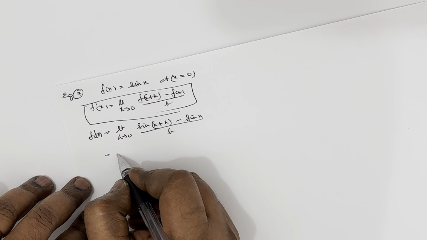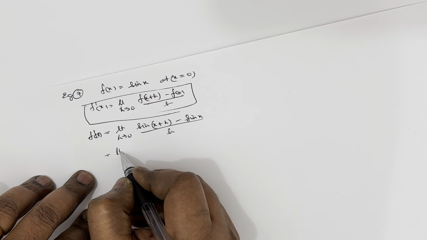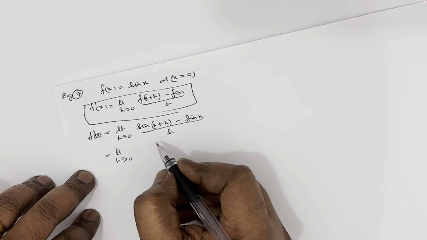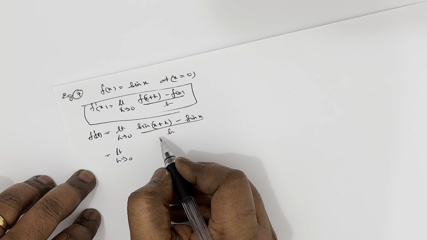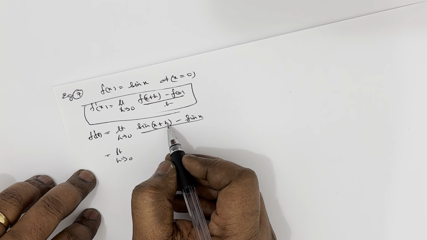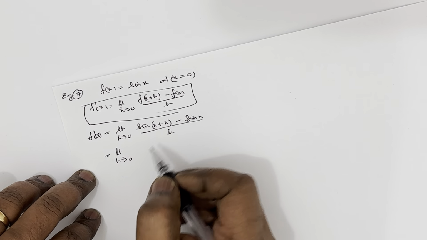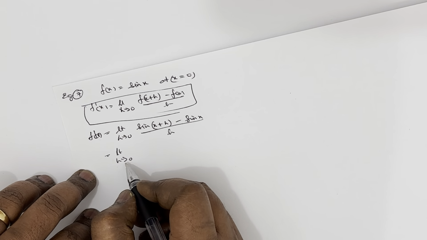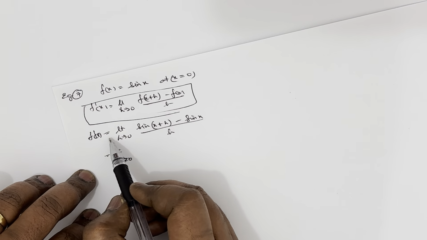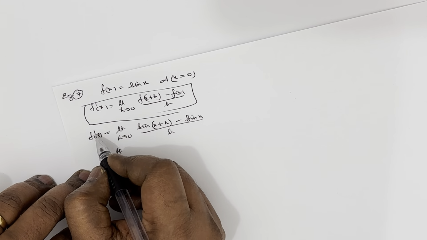Now, no, not putting the value, so this is the form of f dash of x.